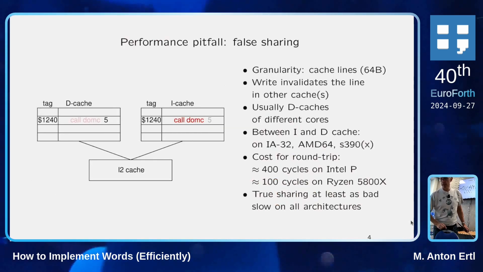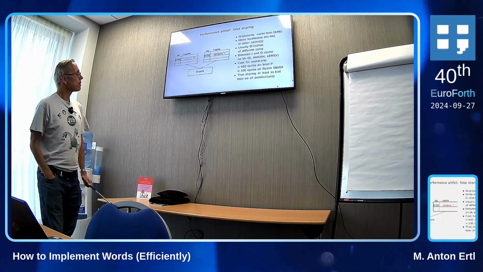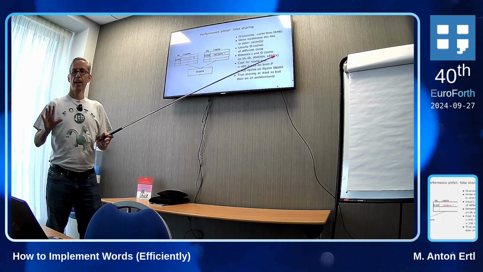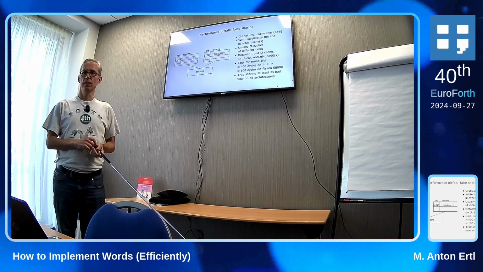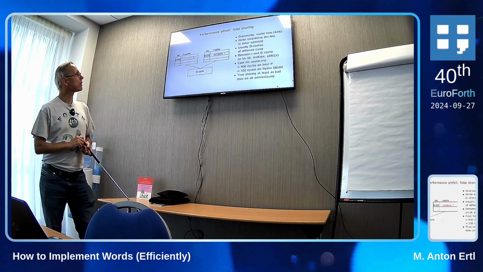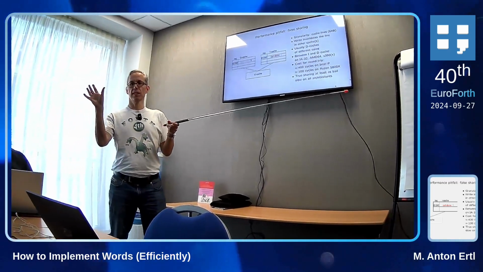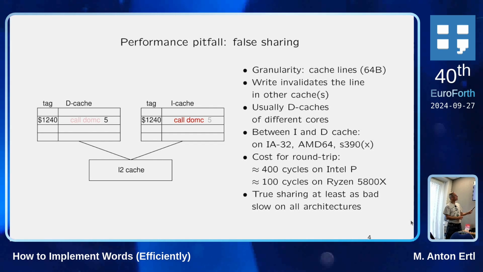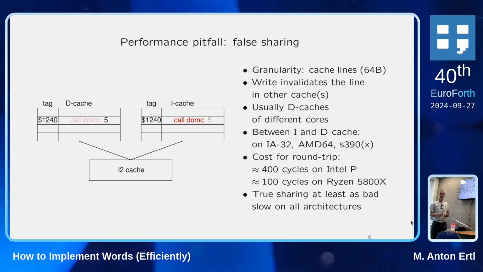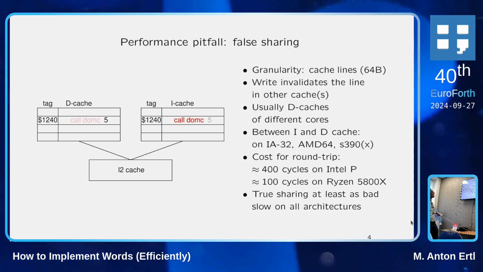So what is the problem? There are performance pitfalls. One is called false sharing. Modern CPUs since the 1990s have caches, and these caches are organized in cache lines with a granularity of 64 bytes typically. There are variations, but 64 bytes is a typical size.